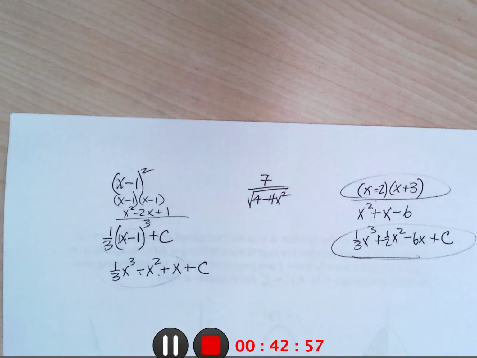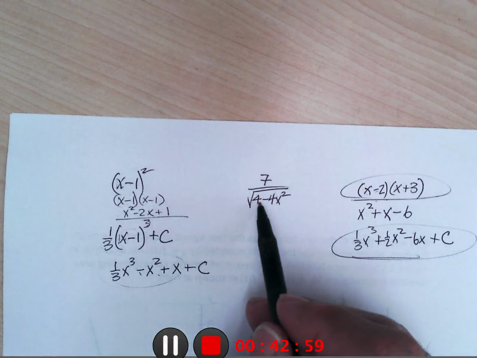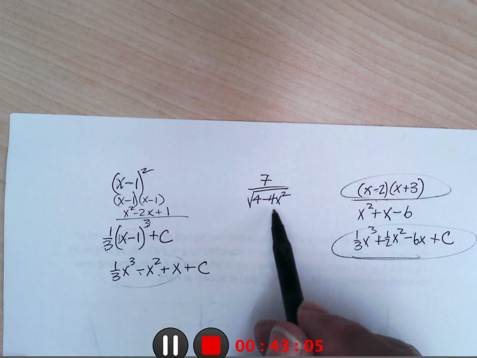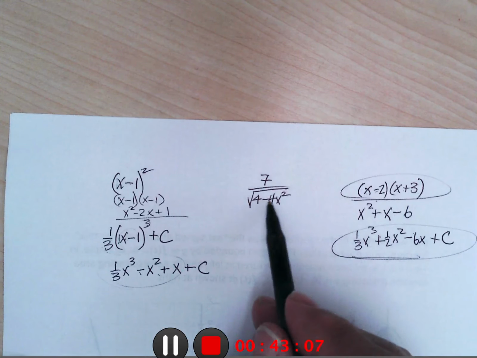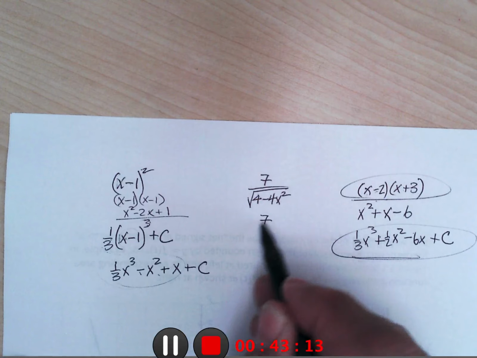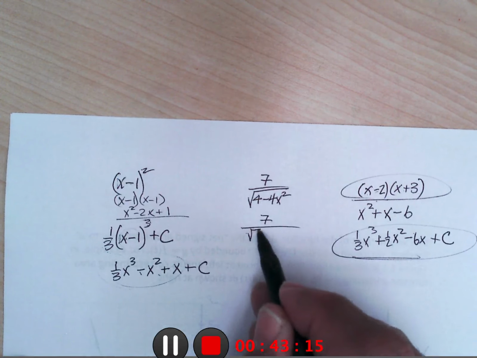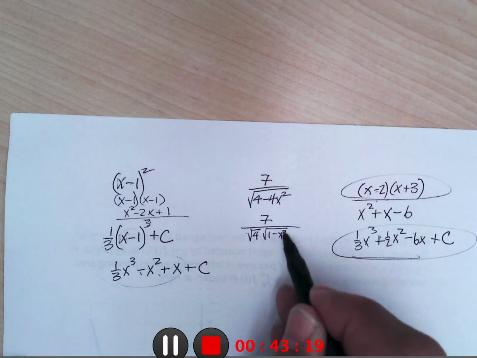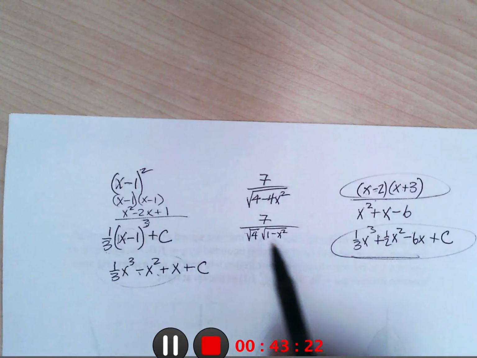This one, a lot of people look at that and say, I don't have any clue how to do it. But if I tell you that I can factor a 4 out of this, it's under the square root, so it would be 7 over square root of 4 times the square root of 1 minus x squared. That's how I would factor a 4 out of a square root.